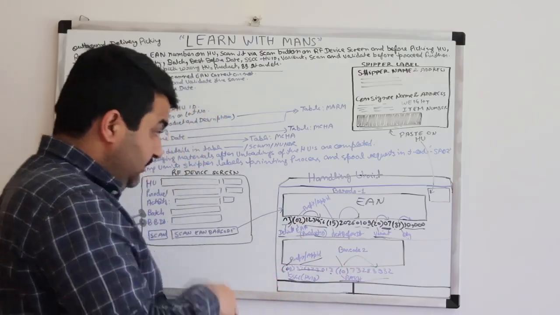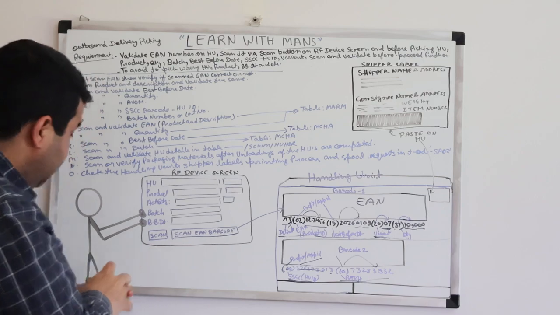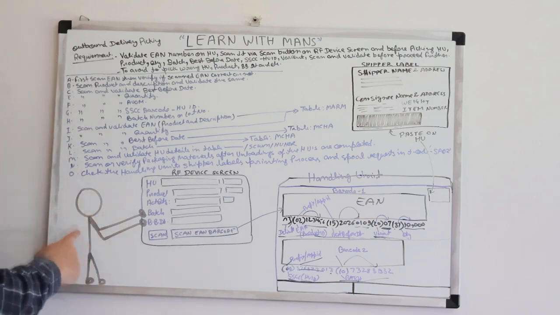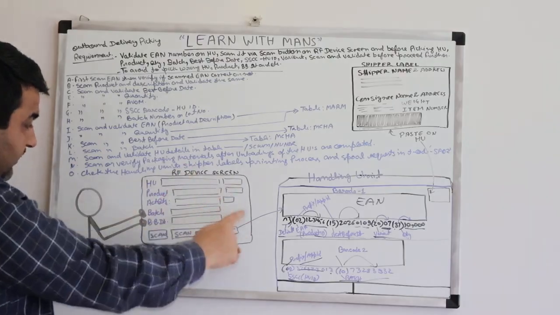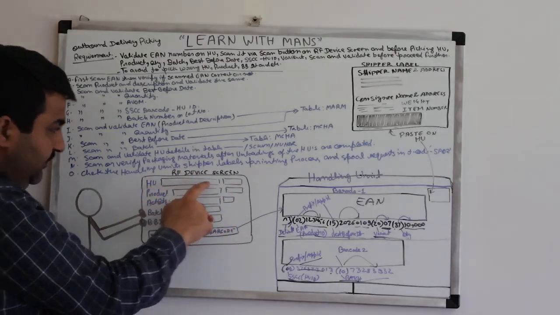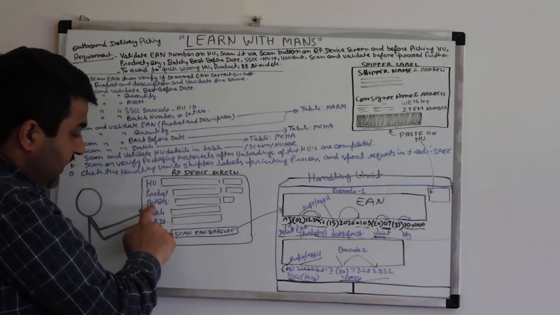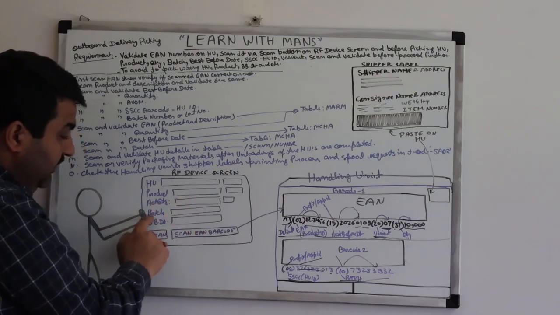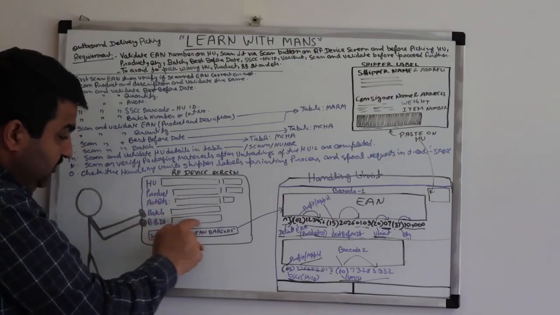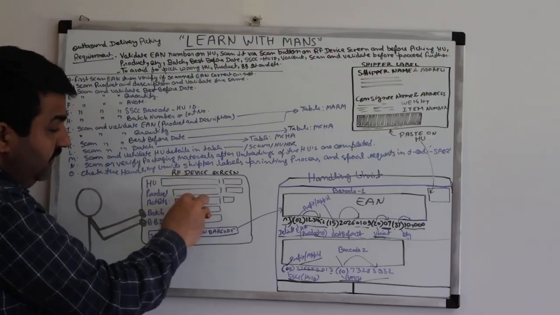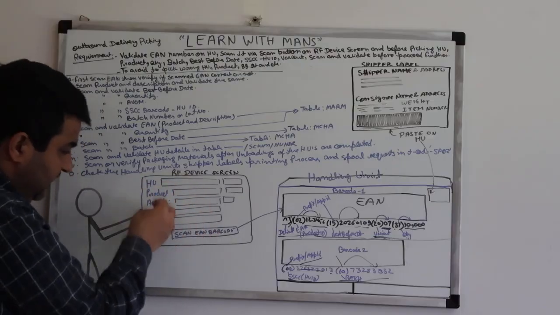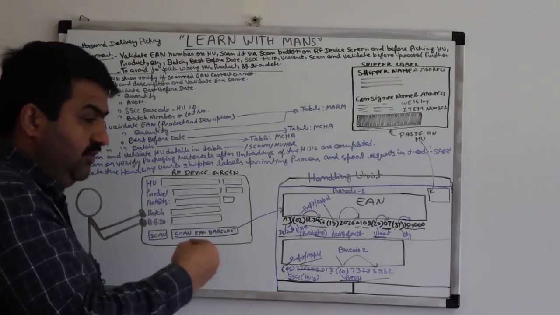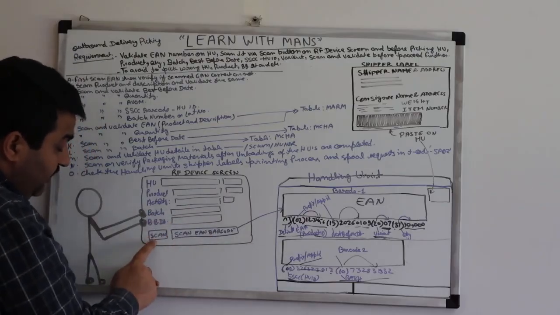So the warehouse workers, suppose he is the warehouse worker, holds this RF device, and on the screen we can see the handling unit, product, actual quantity he wants to pick, batch number or lot number, best before date. More functionality, more buttons, more properties we may see on the screen, it depends on the business requirement.